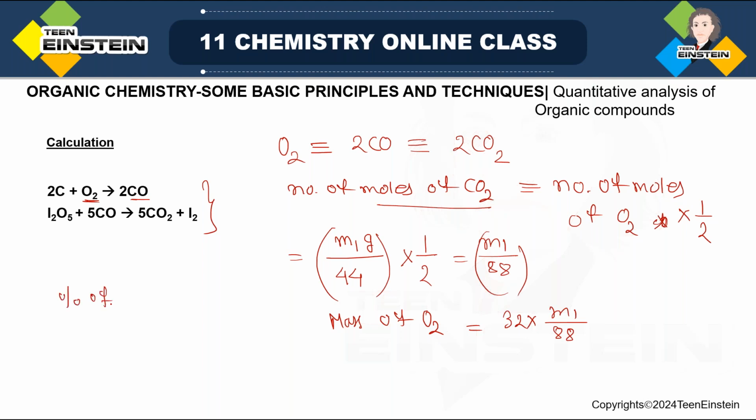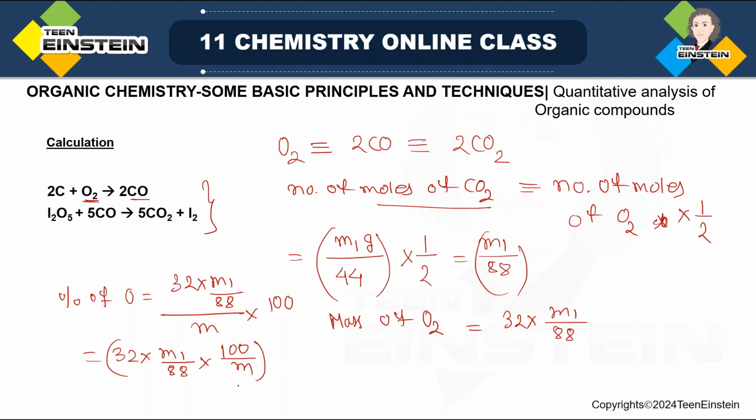Finally, the percentage of oxygen is 32 multiplied by m1 divided by 88, this whole quantity multiplied by 100 and divided by m, which is the original organic compound's mass. So this is the final expression for the percentage of oxygen: 32 multiplied by m1 divided by 88 multiplied by 1 by m into 100.